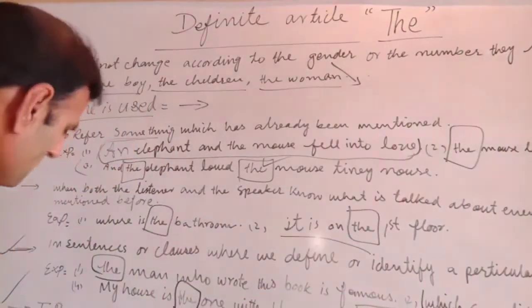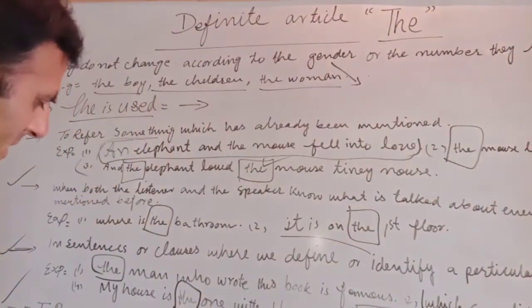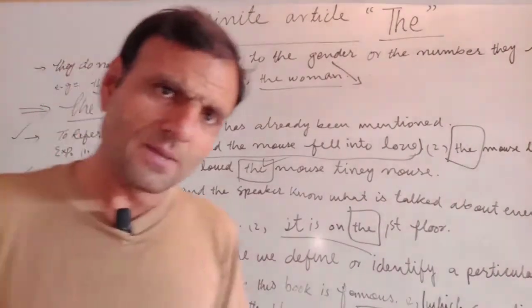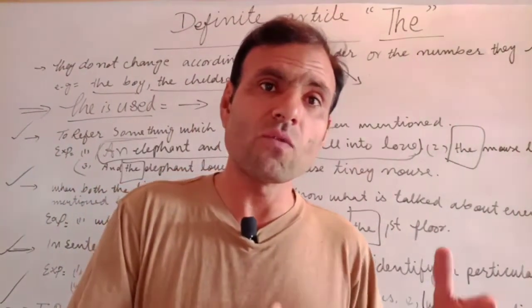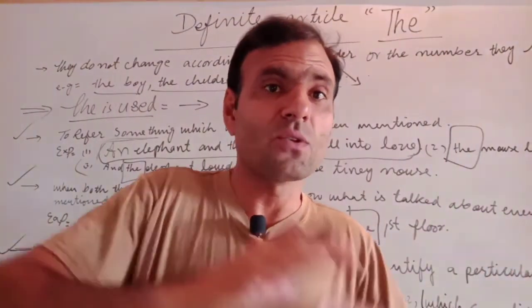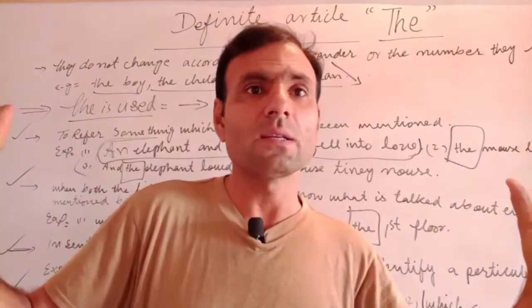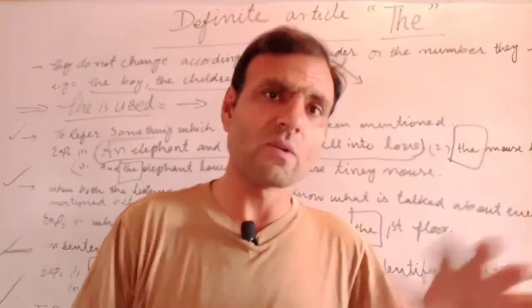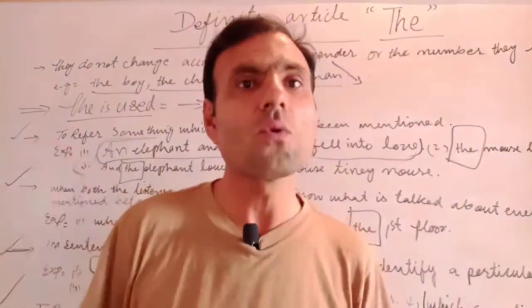For example, the sun, the moon, the world. The sun, the moon, the world are unique. The sun is the only one. The moon is the only one. The world is also the only one.